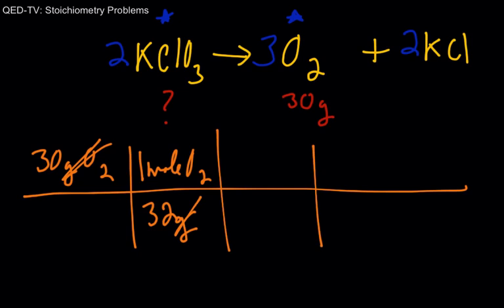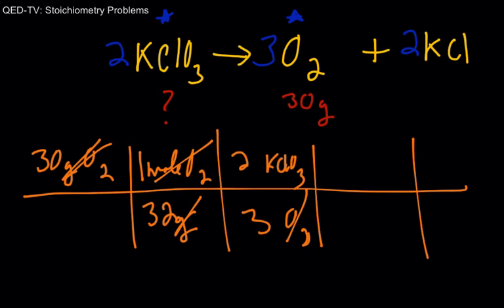So now I can put in my mole ratio of oxygen to potassium chlorate. So I would need 3 moles of oxygen to every 2 moles of KClO3. So my moles of oxygen cancel out. I'm in moles of potassium chlorate. And then all I have to do then is convert it back to grams.